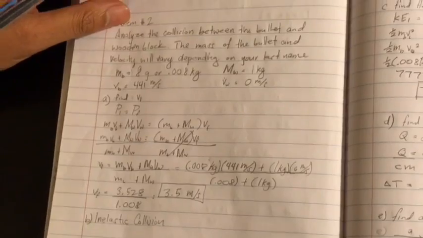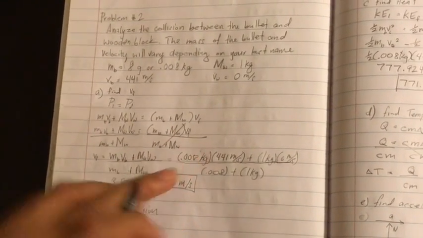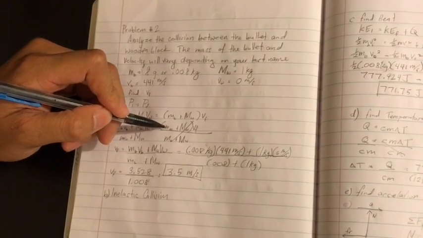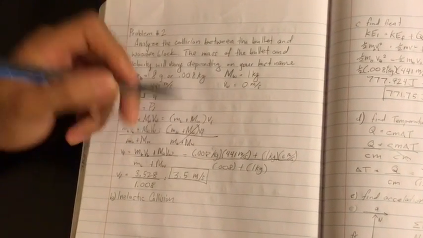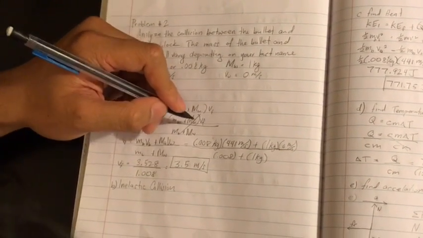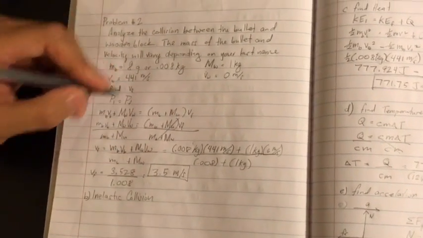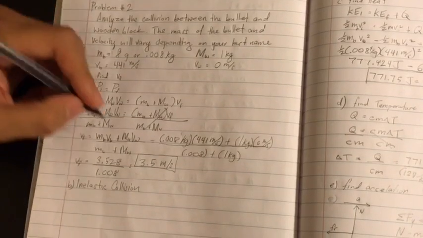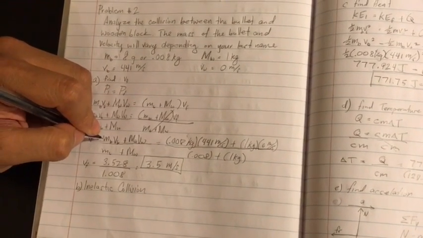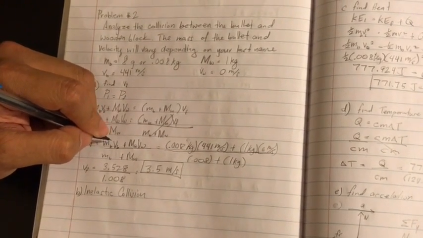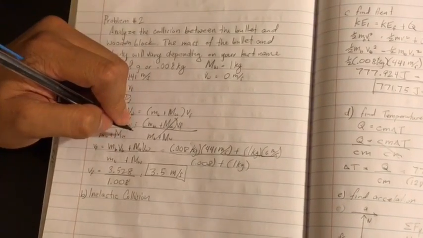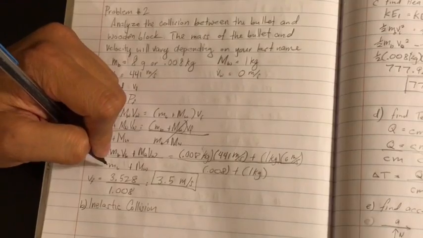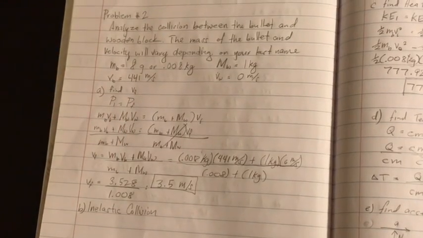To find the final velocity, we switch over the masses. So our formula would be mb times vb plus mw times vw over mb plus mw.